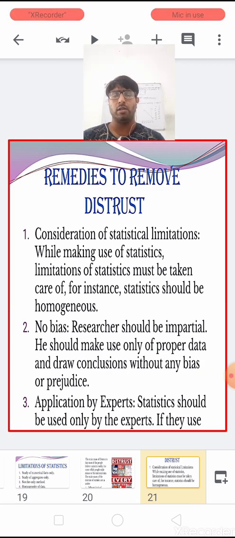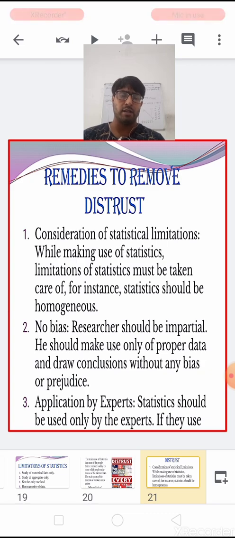The researcher conducting the statistical inquiry should be impartial. He should not show partiality. We should make use of only proper data and draw conclusions without any bias or prejudice. And the applications should be by the expert, as statistics should be used only by the expert.